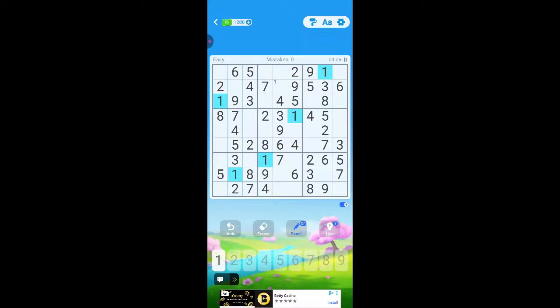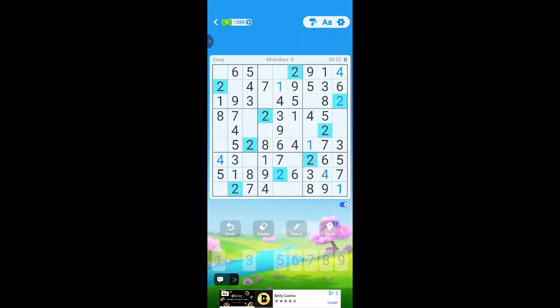Just a random normal shit Sudoku. You call this normal?